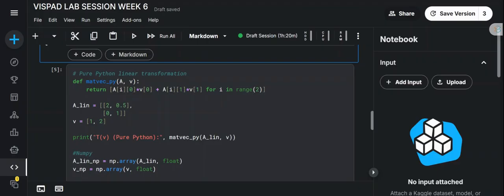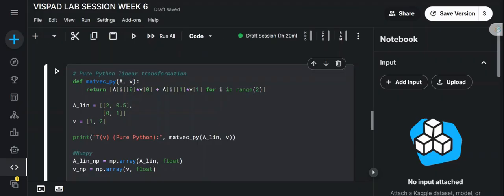perform some matrix vector multiplication. It's that simple and straightforward, and I'm sure we know how to multiply matrices and vectors by now. That matrix vector multiplication is given by this expression that I've just highlighted. So we have our matrix A of these entries, and a vector v with these entries.